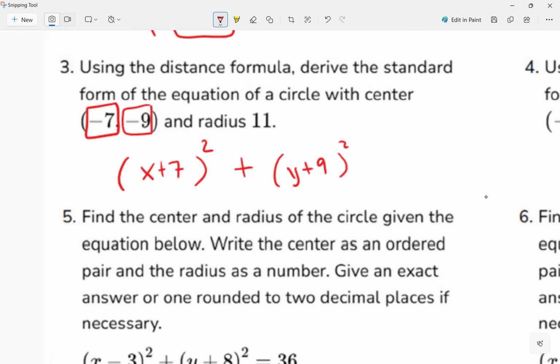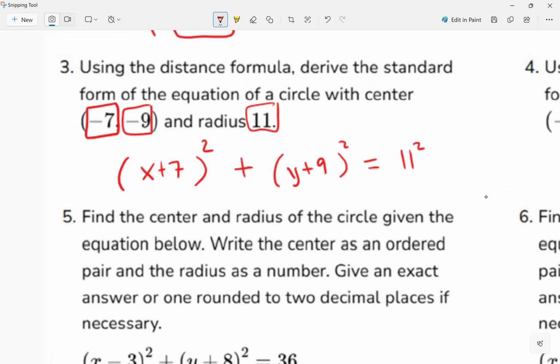And this is going to equal my radius, which is 11. I'm keeping everything squared. So for right now, I'm just going to write 11 squared. However, 11 squared can be simplified, right? 11 times 11.